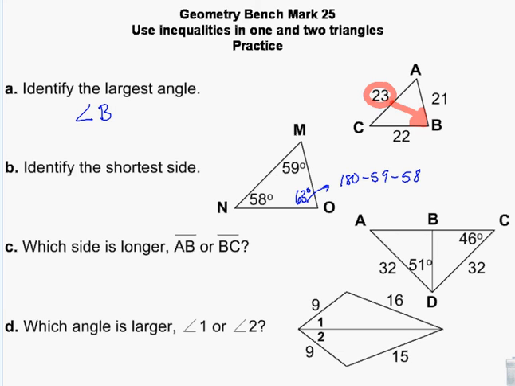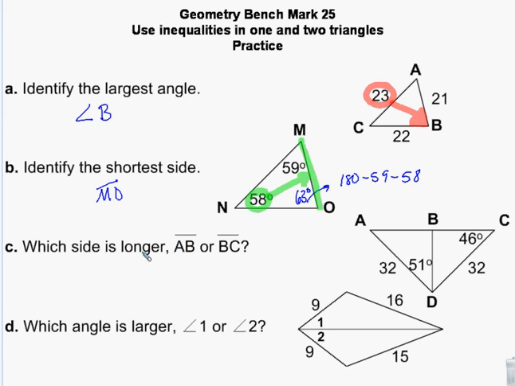Now I know all three angles. I want the shortest side. I find the smallest angle, which is 58, and it is going to be across from the shortest side, which is MO. The longest side would be across from 63, and the middle side would be across from 59.